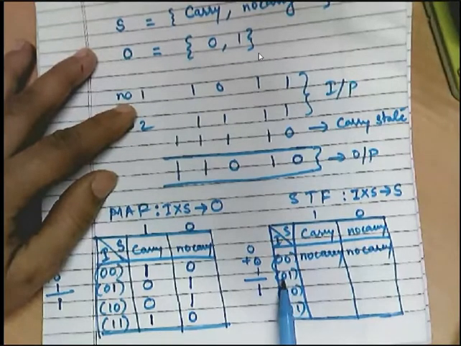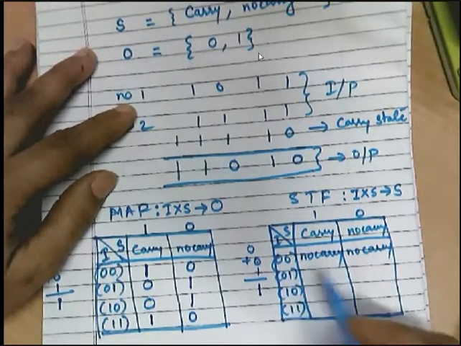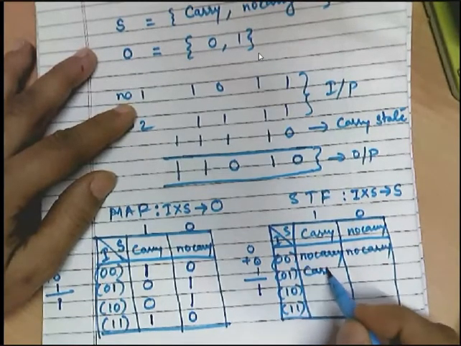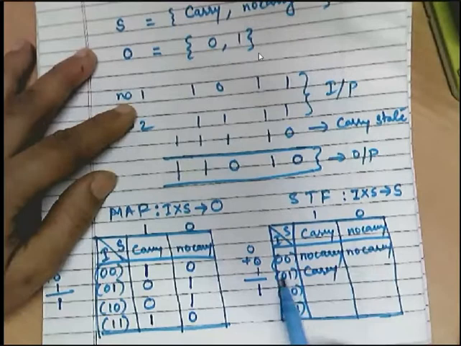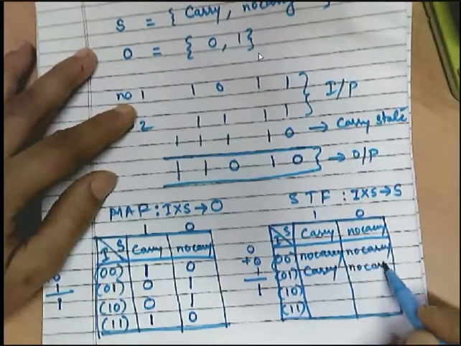Next, if the input is 0, 1 and current state is carry state, so what will happen? 0 plus 1 plus 1. So it will generate a carry and remain in carry state. Similarly, 0 plus 1 plus 0, will it generate carry? No. So it will be in a no carry state.